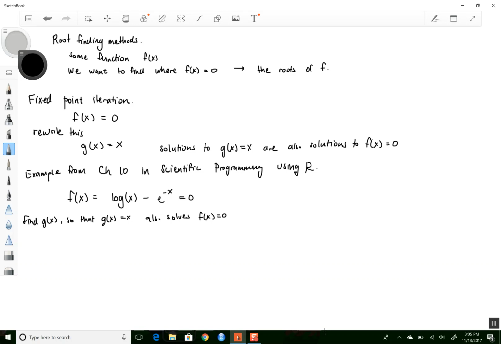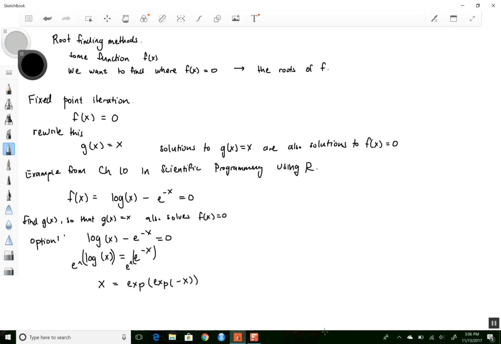So option 1 is we start off with log of x minus e to the negative x equals 0, and then we move the e to the negative x term to the other side, and then I exponentiate both sides, e to this and e to this, and so here I would get x equals exp of negative x.